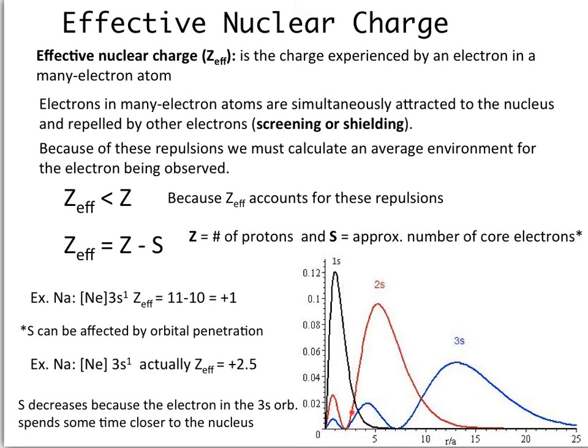However, because there are some penetration effects, there is a chance that that 3s electron would be closer to the nucleus, so the shielding we see when we just assume they're all residing in a specific location at all times becomes altered. So that S value gets a little bit smaller, and subsequently your positively charged protons in the nucleus are able to be more effective.